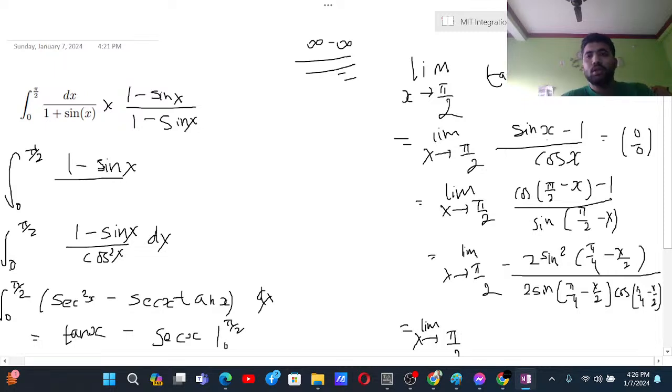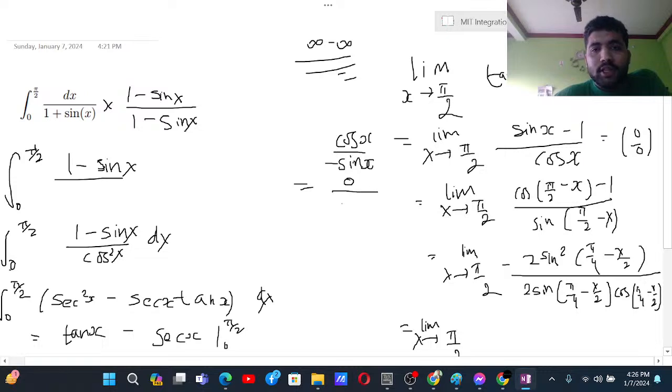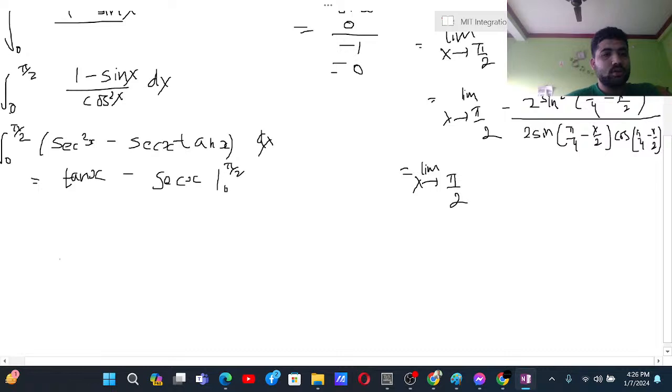When we applied L'Hopital's rule, we had cos x by minus sin x. Now if we substitute x as pi by 2, we will have cos pi by 2, which is just cos 90, that is 0, over minus 1. So we get 0. That actually works, I guess. But does that give the right answer or not?